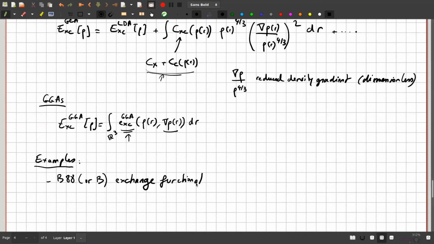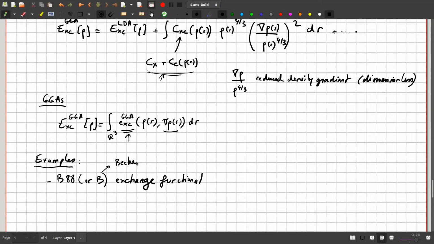Okay. So you can find the formula in the review paper. It is a relatively simple expression, which has been chosen by Becke. So the B is for Becke, in order to satisfy some exact constraints.